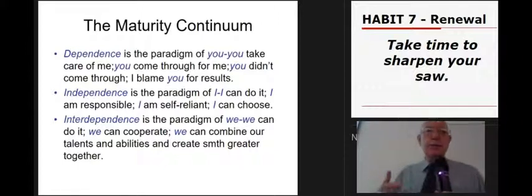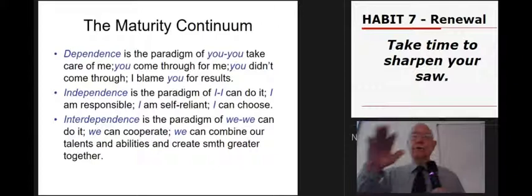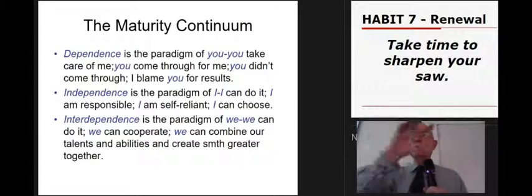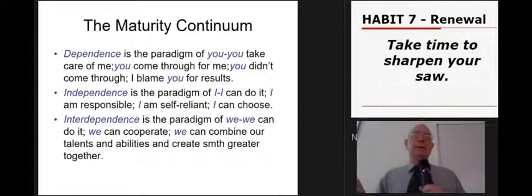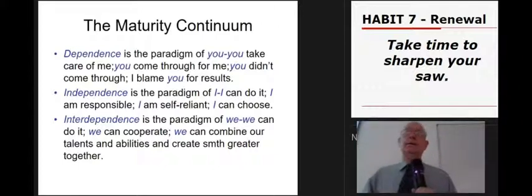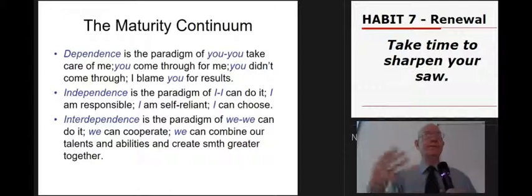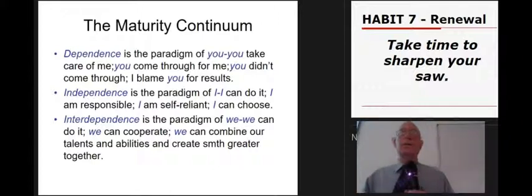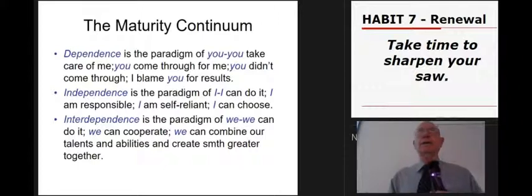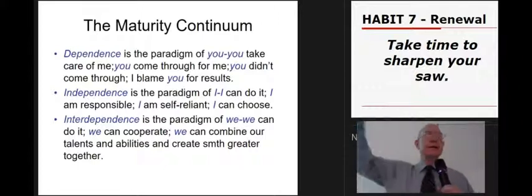Ultimately, as his point was, the first three habits really all relate to independence. Achieving our independence is accepting our ability to control our future, our environment to some degree. We go back to that 90-10 principle.